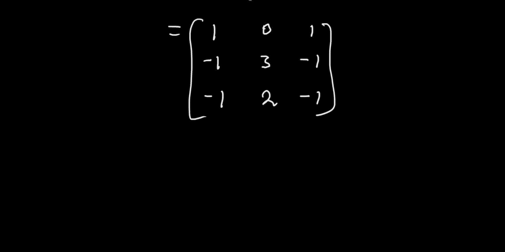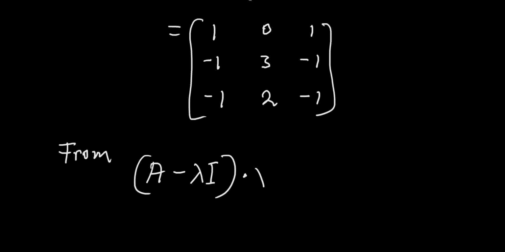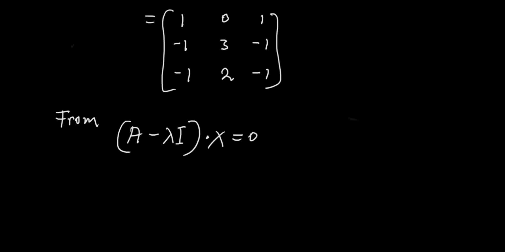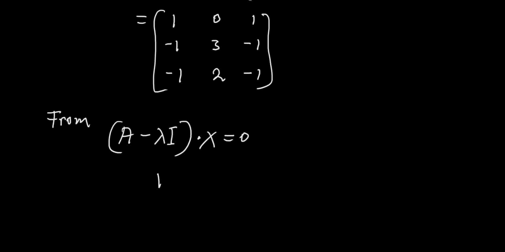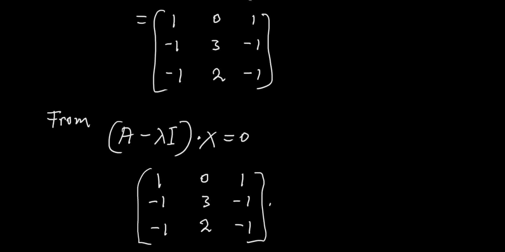And now from A minus lambda times x equals 0, this would be 1, 0, 1, negative 1, 3, negative 1, negative 1, 2, negative 1 in parentheses times x.